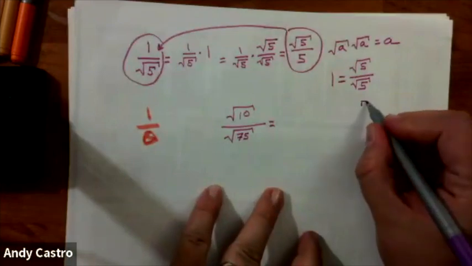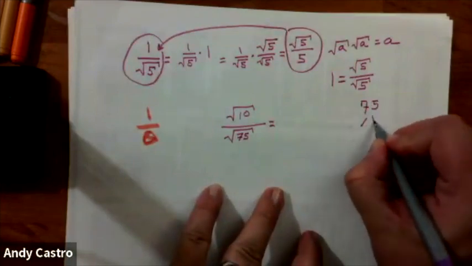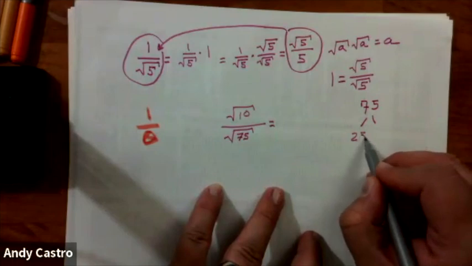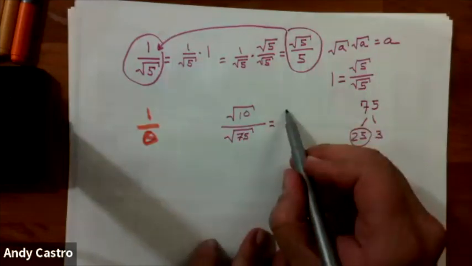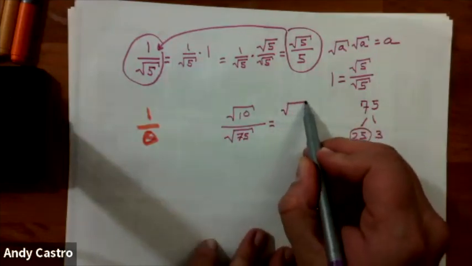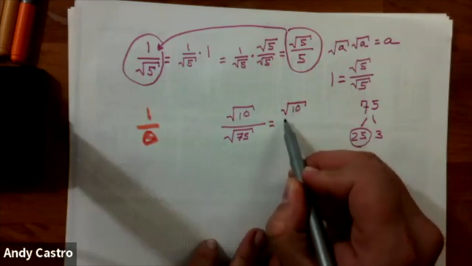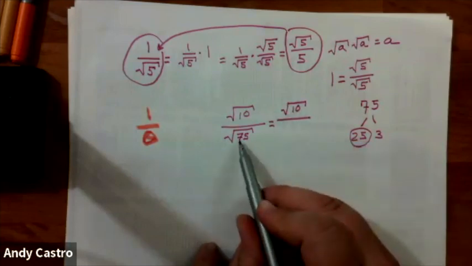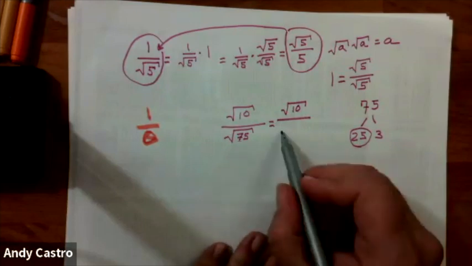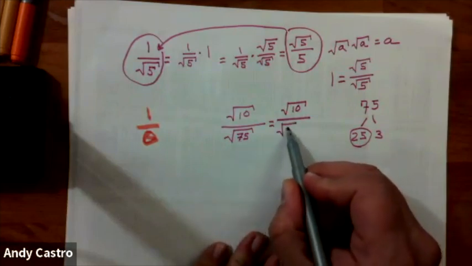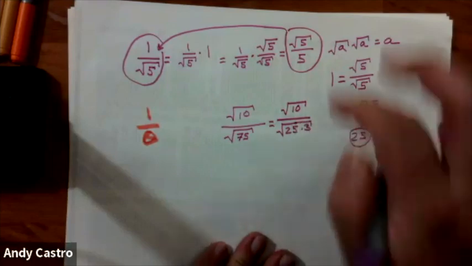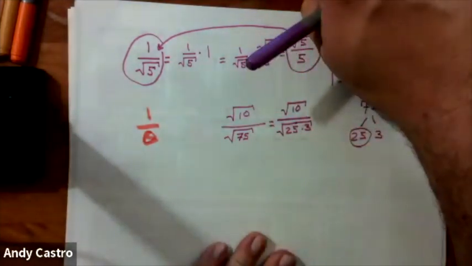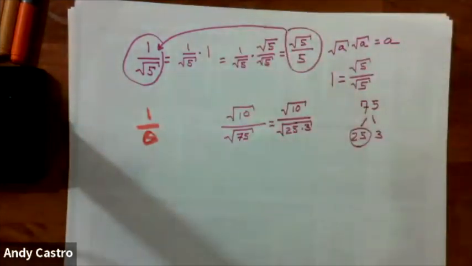So 75, that's the same thing as 25 times 3. And 25 is a perfect square. So actually, the first thing that I'm going to do is I'm going to leave this as the square root of 10 over, and I'm going to rewrite the square root of 75 as the square root of 25 times 3.